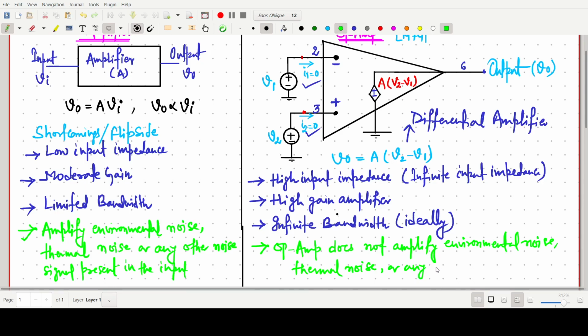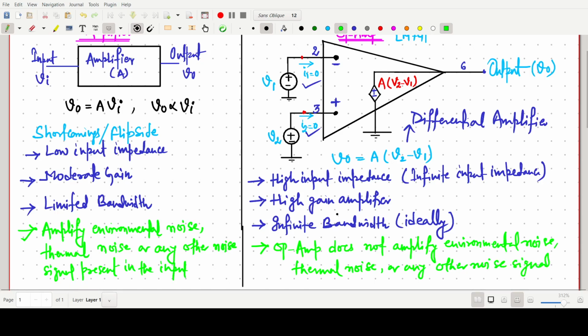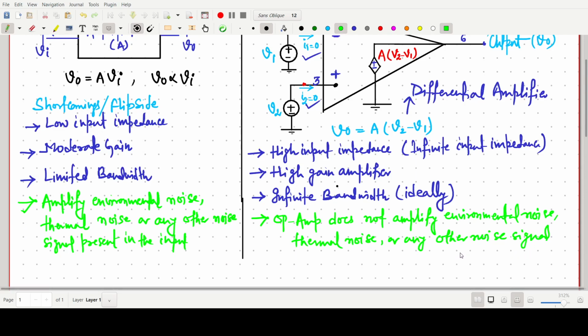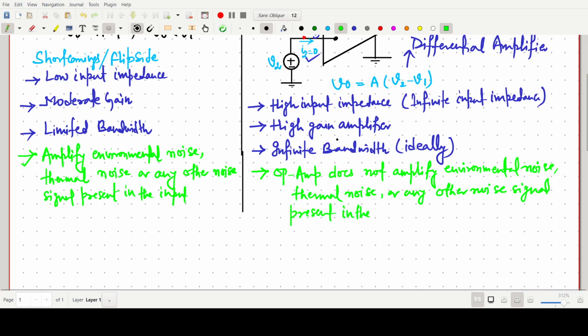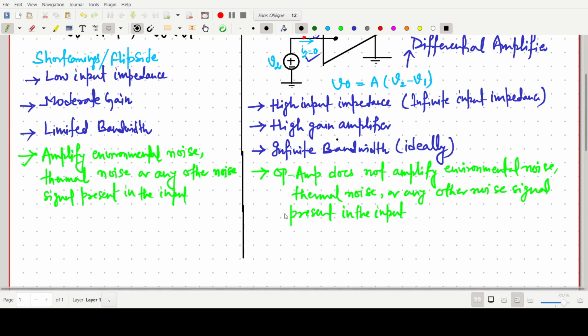This is also a very important point, the difference being that an amplifier may amplify thermal noise, environmental noise, or any other noise signal present in the input, but the op-amp restricts this noise.